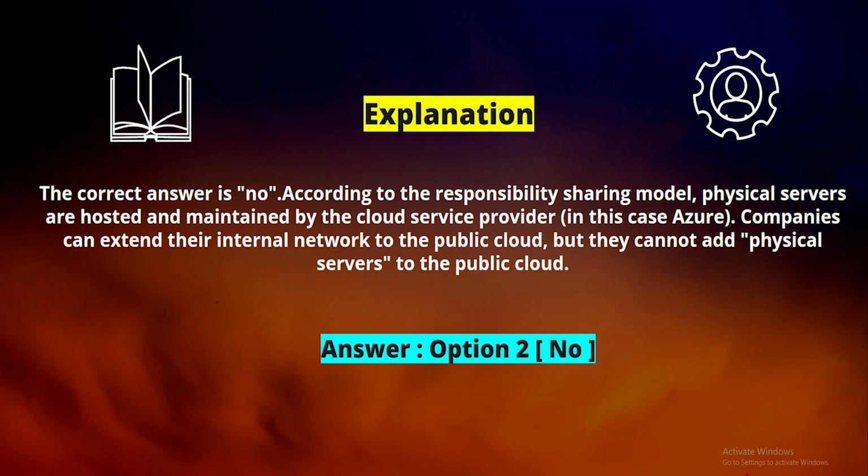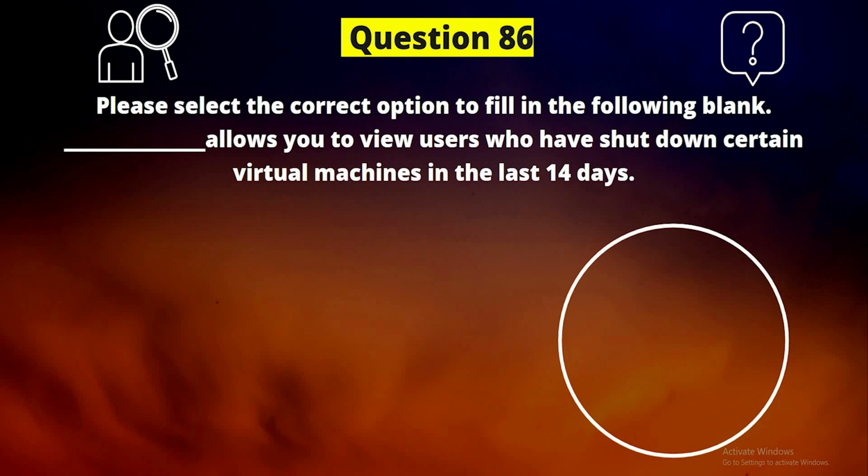The correct answer is no. According to the responsibility sharing model, physical servers are hosted and maintained by the cloud service provider, in this case Azure. Companies can extend their internal network to the public cloud, but they cannot add physical servers to the public cloud.